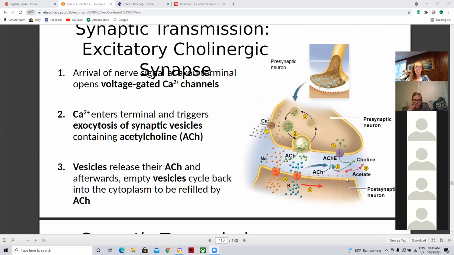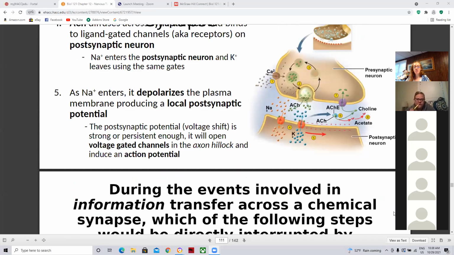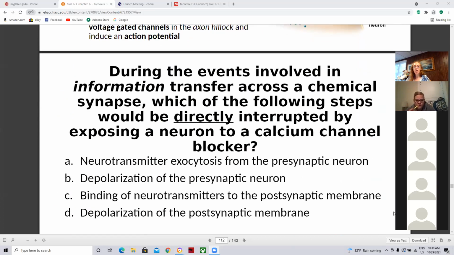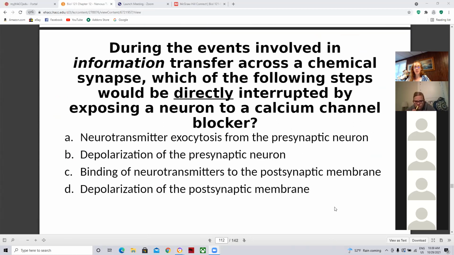Nerve conduction. Well, where in nerve conduction? It says it enters the terminal and triggers exocytosis. Yes. So what area would be interrupted by exposing a neuron to a calcium channel blocker? A. Yes.